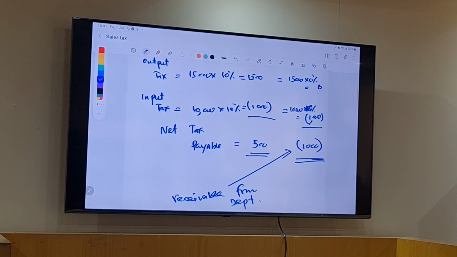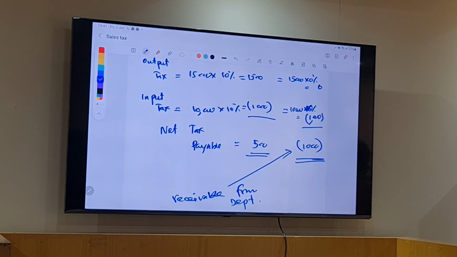If any business is zero rated, on all his output he cannot charge tax to the customers. Let's say I am running a business, you are my customer, and you have an invoice. If my business is a zero rated business, I cannot charge any tax on you.